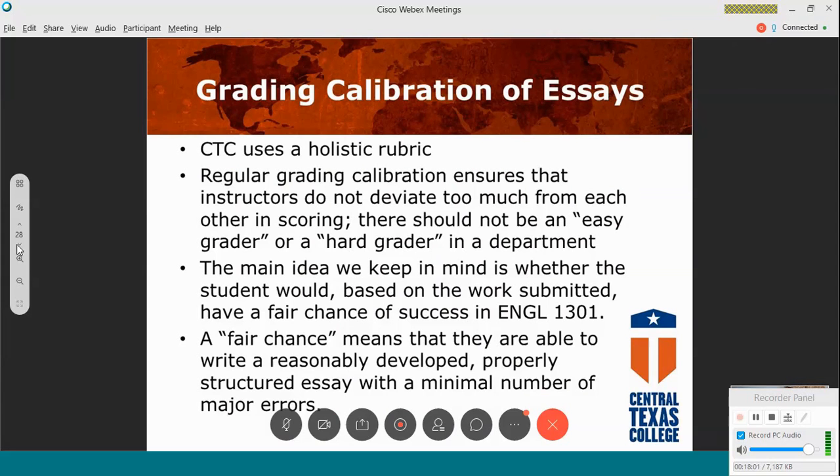Taking our final exam is just that: the CSI reading. Thank you.